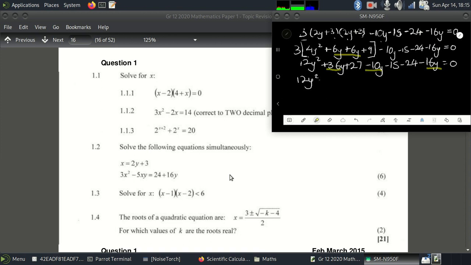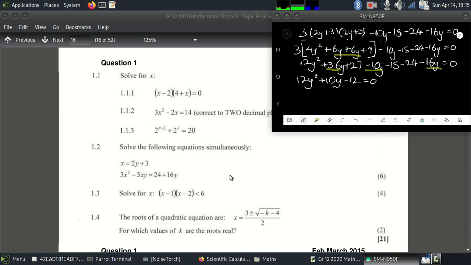So that's a positive 10y. Like so. Okay, now that's gone. Then we can do the constant 27, the negative 15, and negative 24. So 27 minus 15 minus 24 gives us negative 12. So this will be minus 12. And this is equal to 0.